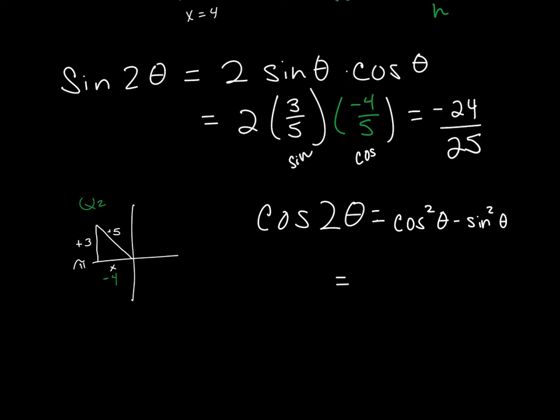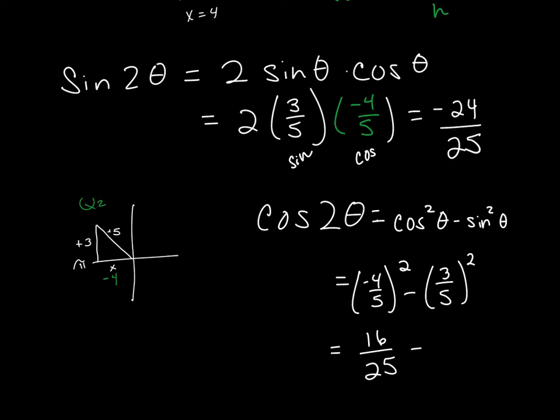So my cosine squared is negative 4 over 5 squared minus the sine, which was 3 over 5 squared. When you square a fraction, it's just the numerator squared over the denominator squared. So that's 16 over 25 minus 9 over 25, which gives us 7 over 25.